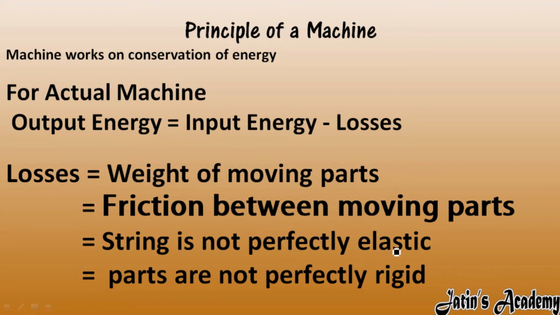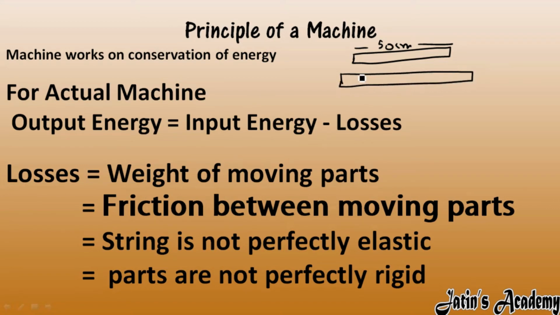What is the meaning of perfectly elastic? Carefully see. For example, we have a string, a rope, and its length is 50 centimeters. Under force, its length increases up to, for example, 52 centimeters. Now when you remove the force, if the rope or string comes back to the same length, the same position, that string is called perfectly elastic.